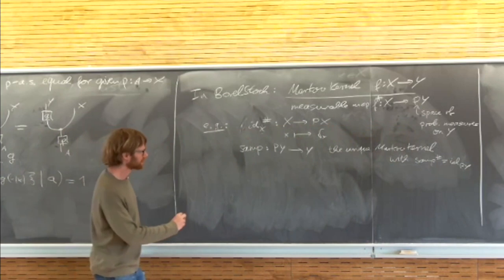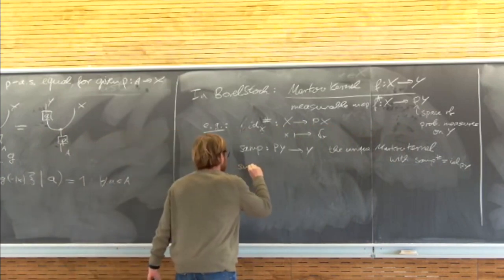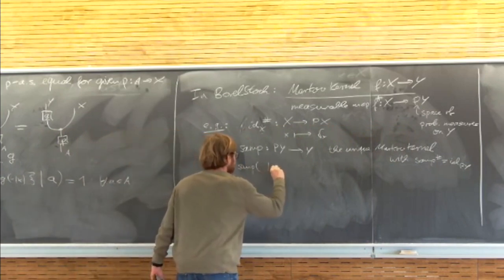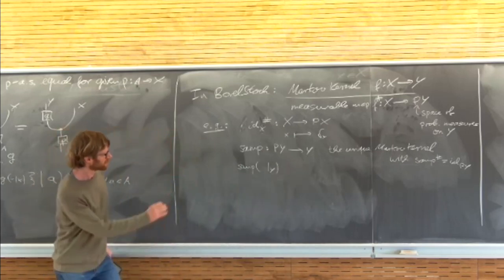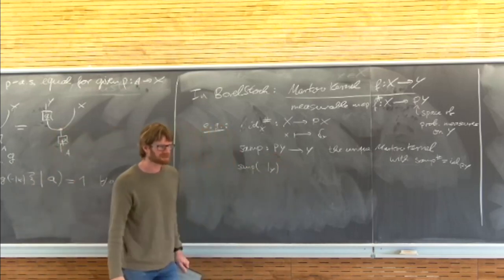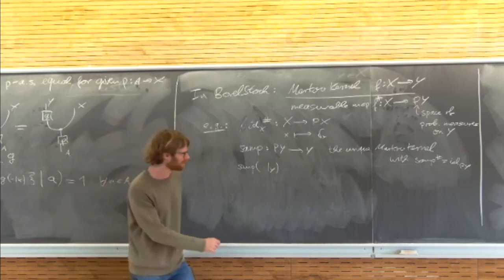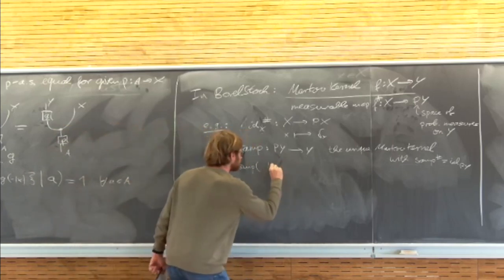Okay, so now what does it do concretely? If we take some element, no, sorry, the input is a measure on y, right? A probability measure. So let's call it, shouldn't call it y, but let's call it mu.